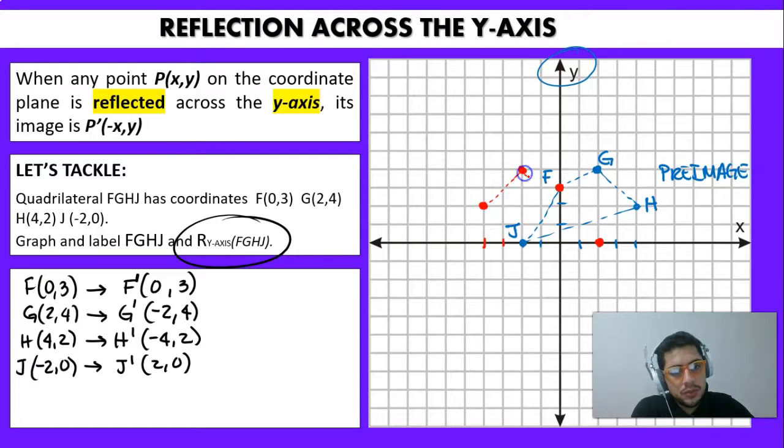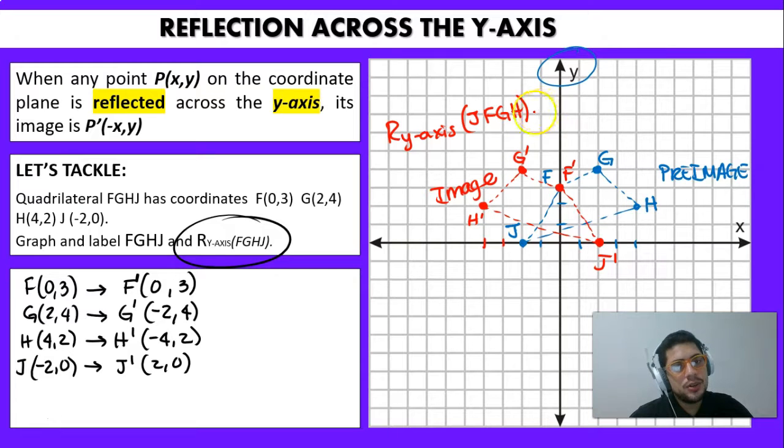So when we draw the lines, we're going to see that this one in red is going to be our image. And that image is going to be our reflection across the y-axis of the initial quadrilateral, which is going to have the same values, but now we're going to have the image, right?